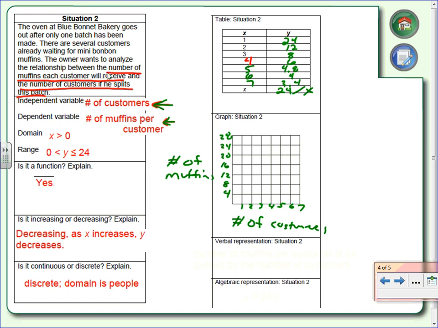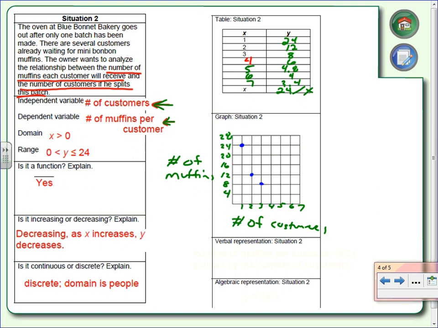Now that I've got everything labeled, we're ready to start actually plotting the points. The first point we have is (1, 24). So let's find that first ordered pair, (1, 24), and plot it. The next point we have is (2, 12). So let's find (2, 12). Then we'll plot (3, 8).